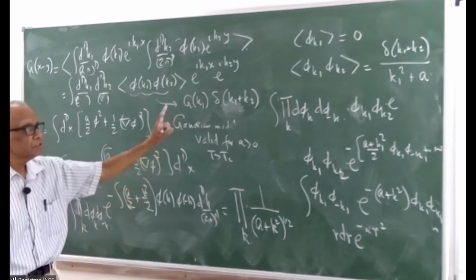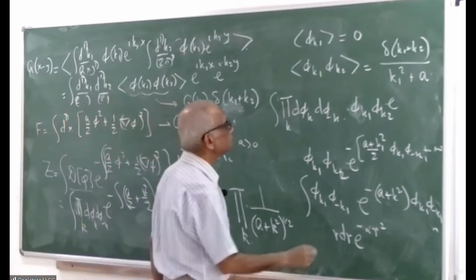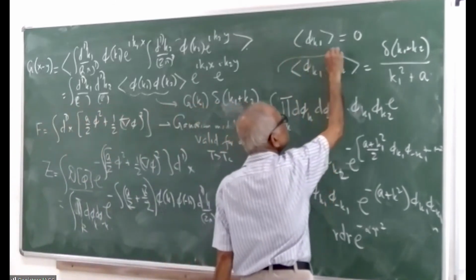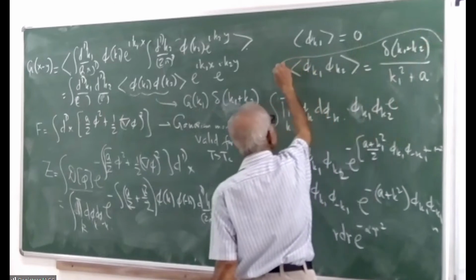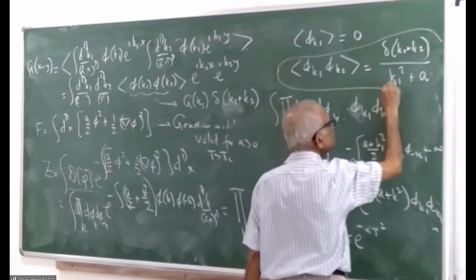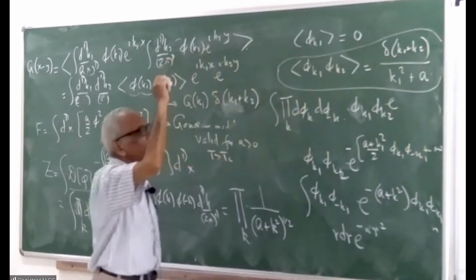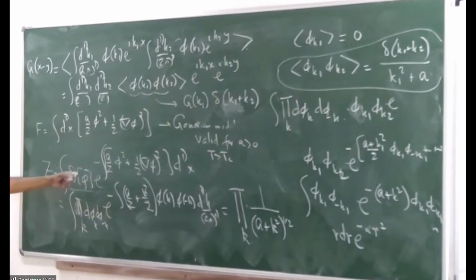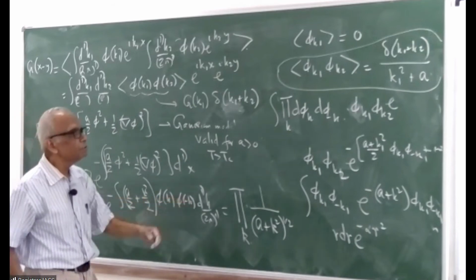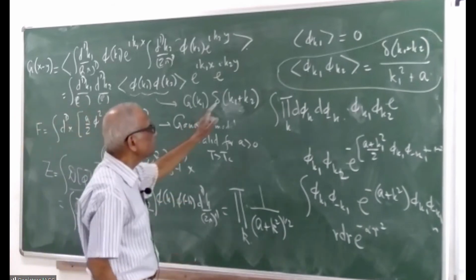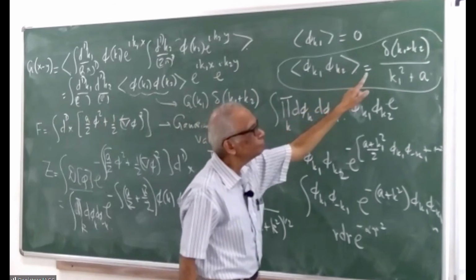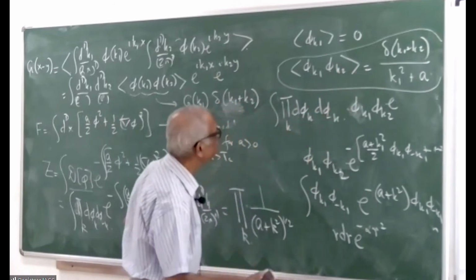So this is the next big step, that you can calculate with the Gaussian weight function over here. You can calculate the z, which is equal to this. You can calculate phi k1, phi k2, which is equal to this.